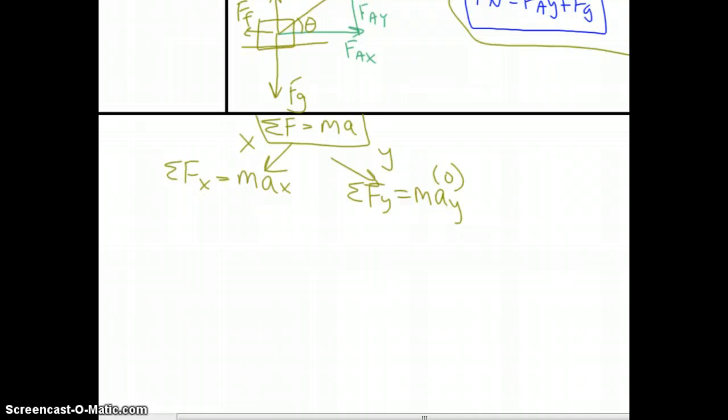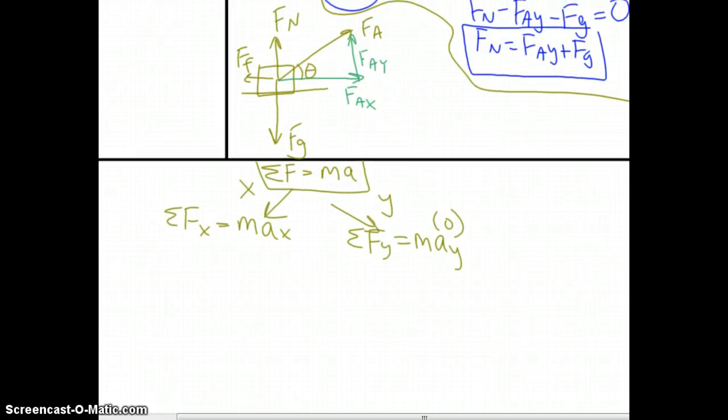So, what do we get here? We have FAX, FF. I expand this one more and say FA cosine theta minus FF.